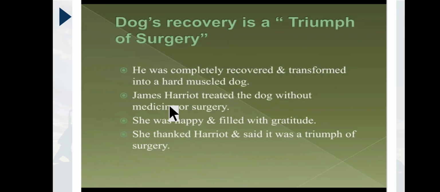James Herriot treated the dog without medicine and surgery. That's why the term triumph is used here. So the mistress was very happy and filled with gratitude. She thanked the vet doctor Herriot and said it was a triumph of surgery.